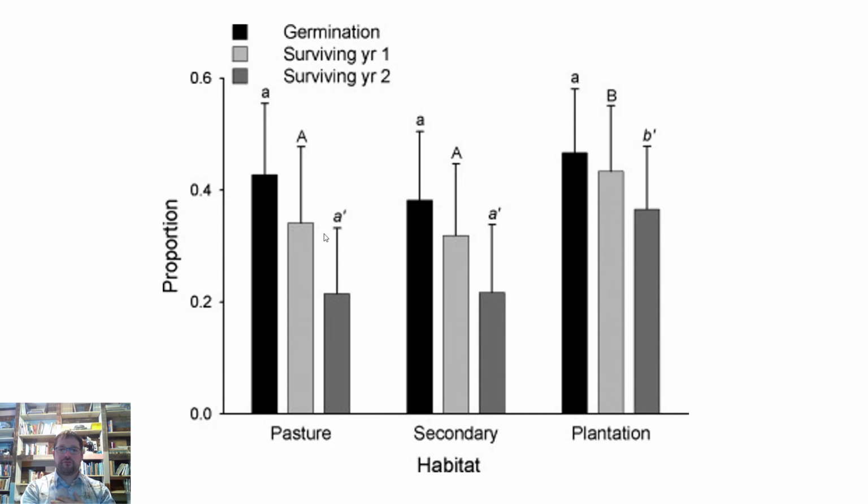Okay, but nonetheless, you can look. There's a huge drop off. Okay, surviving year 2, you're only looking at about 20% of the trees in these 2 regions surviving to year 2. When you look at that plantation, it's close to double. It's almost 40%.